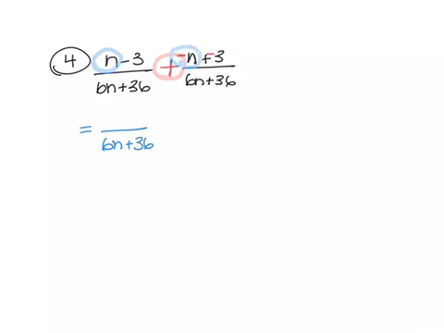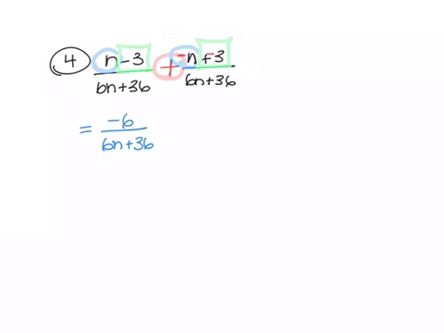So n plus negative n would just cancel each other out. So we'll no longer have a variable in the numerator of this problem. And then we have negative 3 plus negative 3. Those do not cancel each other out, so be careful there. Negative 3 plus negative 3 would give you negative 6.